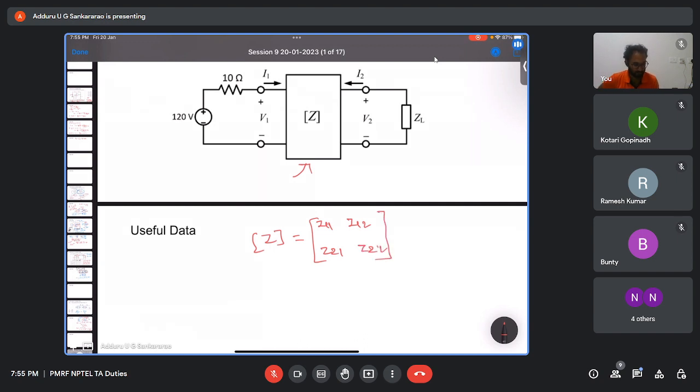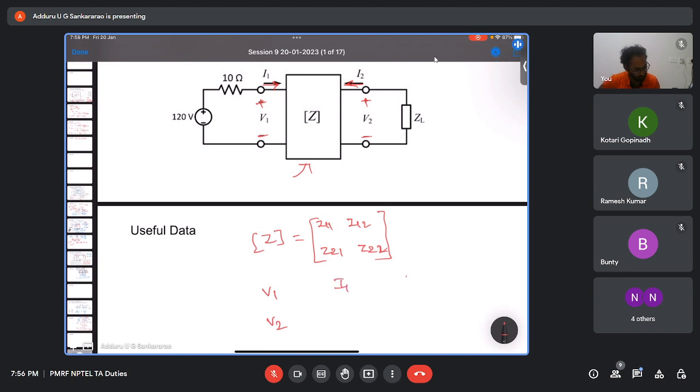Just like what we have seen earlier, if it is a two-port network, I1 is the entering current and V1 is the voltage at port 1, and V2 is the voltage at port 2, I2 is the entering current at port 2. So the Z parameter equations are given by this: V1 and V2 are expressed in terms of I1 and I2.